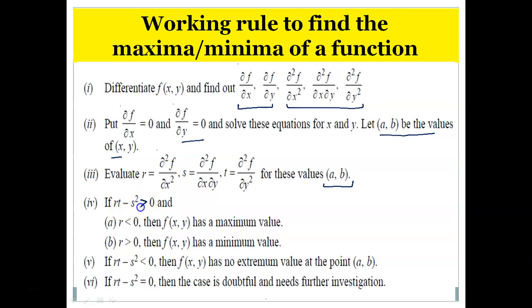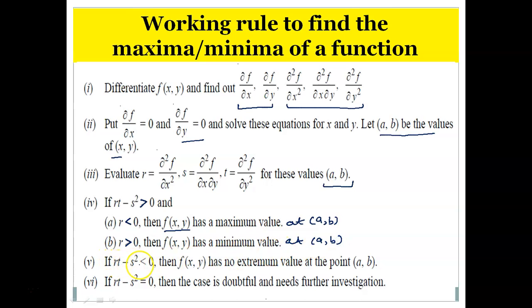If rt minus s square is greater than 0 and r is less than 0, then we say that f of (x, y) has a maximum value at the point (a, b). And if rt minus s square is greater than 0 and r is also greater than 0, then f of (x, y) has the minimum value at the point (a, b).